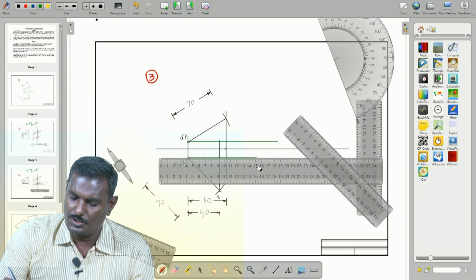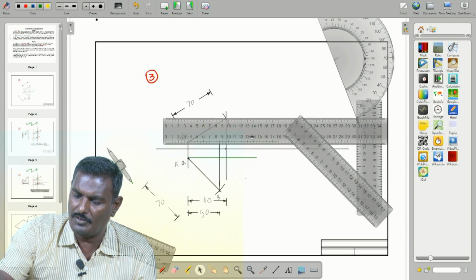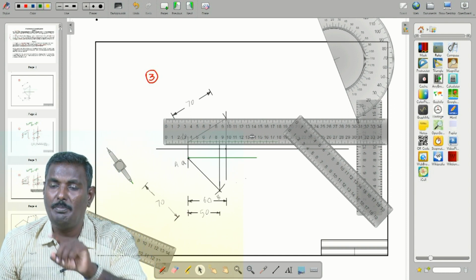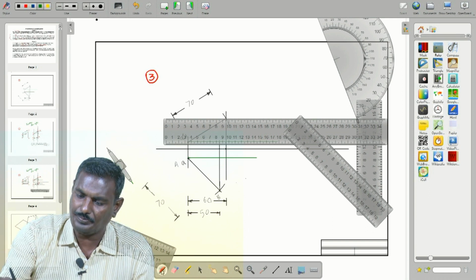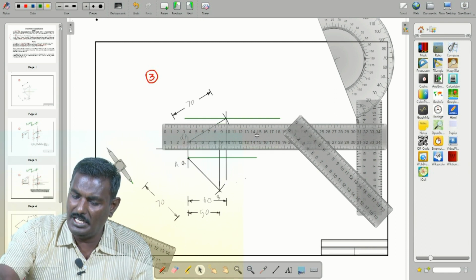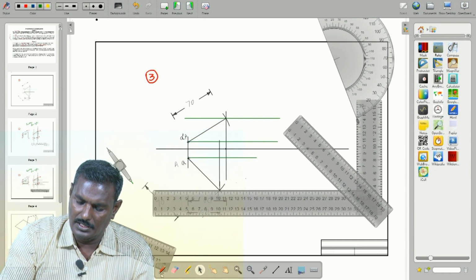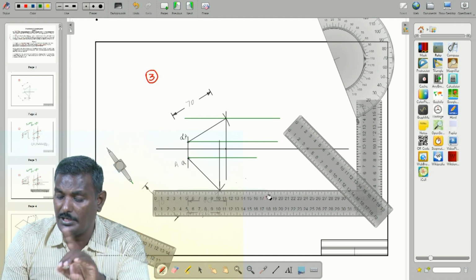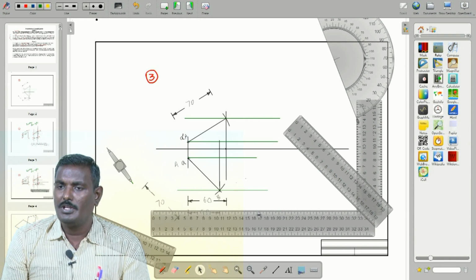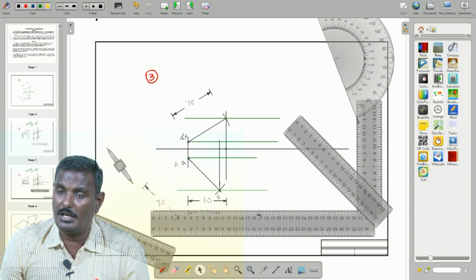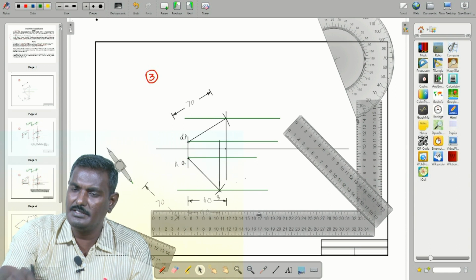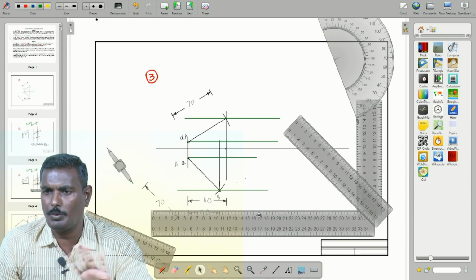Here there is the true point of B, and on that same locus line B dash lies. That is the concept. Similarly at the bottom, on the same locus line, small b appears. So we drew the locus line, but we keep one point constant, it does not change, that is A, so that itself is no problem.